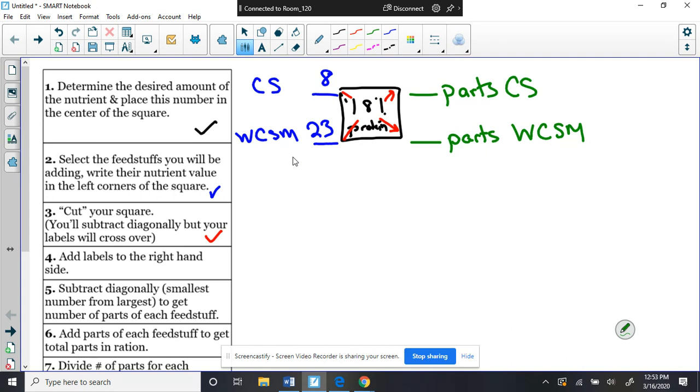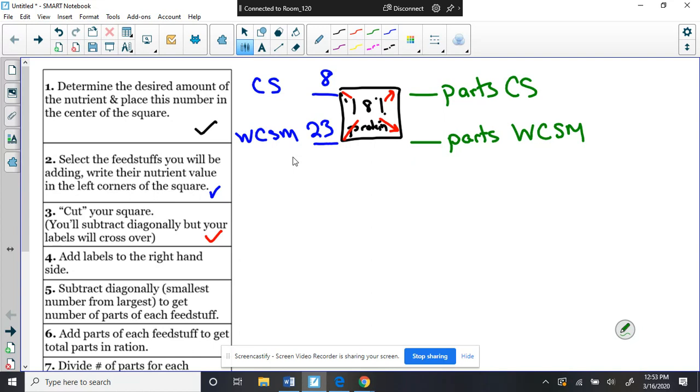Again, the goal of a Pearson square is to balance out your 2 ingredients so that you know how much of each is going to let you get to that middle nutrient value. In this case, that middle 18%. And we do that by parts because that means that it doesn't matter how big the parts are. If I need to make enough food for one animal, I might use that many cups of each ingredient.